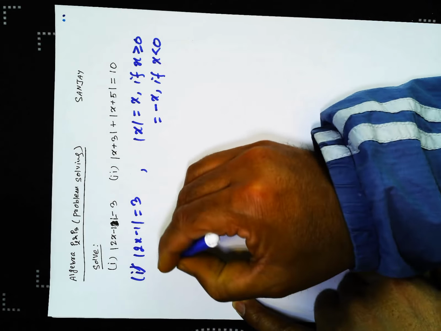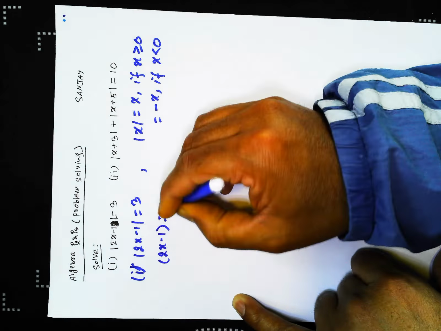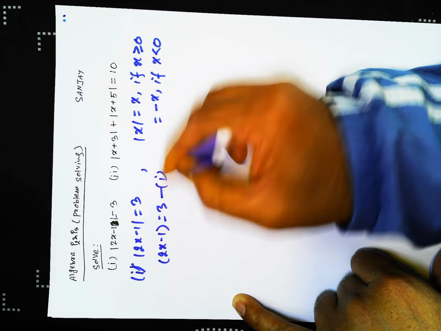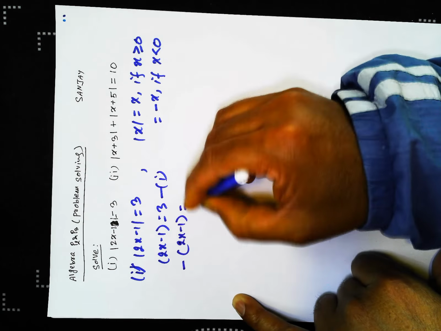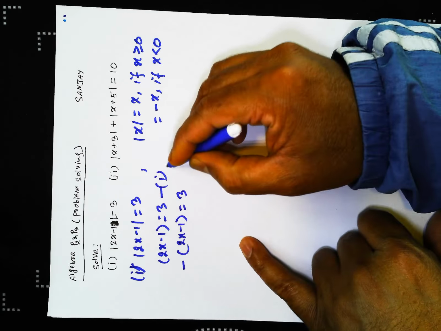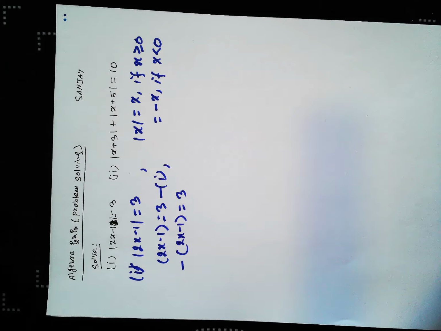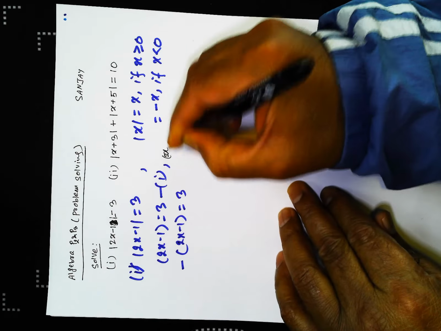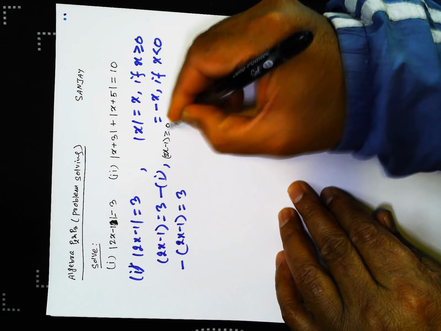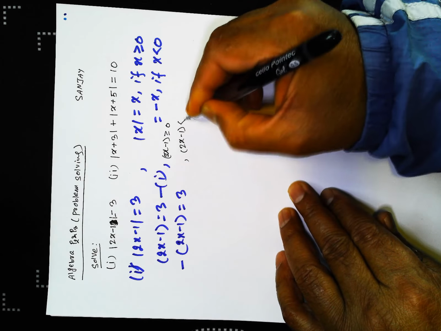Here we have one fact as 2x minus 1 equals 3, you can say this is equation 1, and another fact is minus (2x minus 1) equals 3. In the first case we supposed that 2x minus 1 is greater than or equal to 0, but in this case 2x minus 1 is negative, that is less than 0.